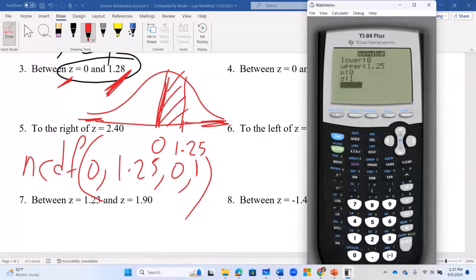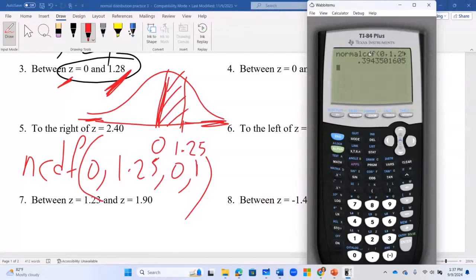So I type that in, and it's asking me, do I calculate? I'll say yes. Is this really what you want to calculate? Do you want to calculate area between the mean and 1.25? Yes, that's what I want. I hit enter.